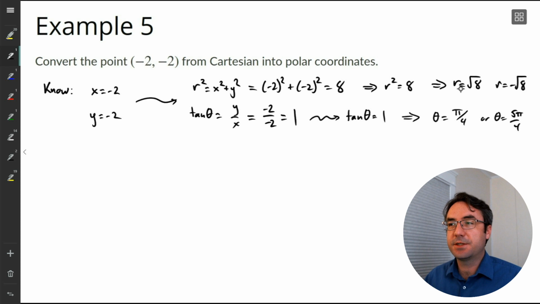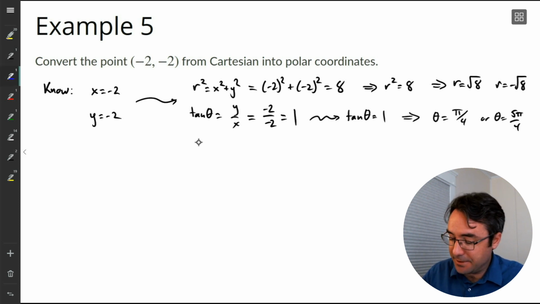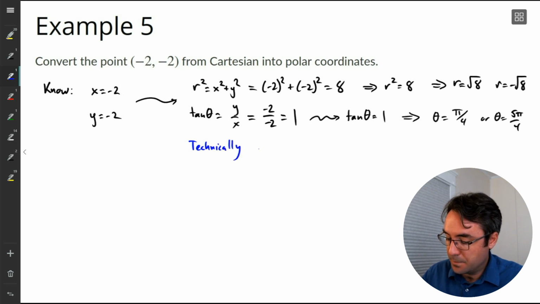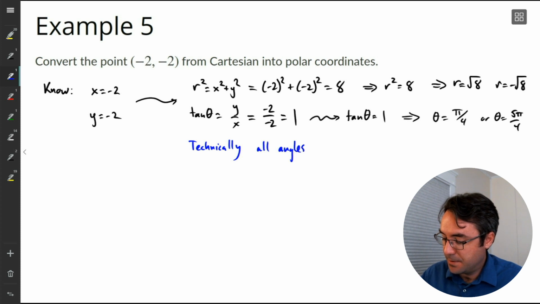So when we do this, it looks like we have a few possibilities for r and a few possibilities for theta, and technically it's actually much worse than this. So not only do we have possibly 2 values for theta, technically all angles theta plus 2n pi.